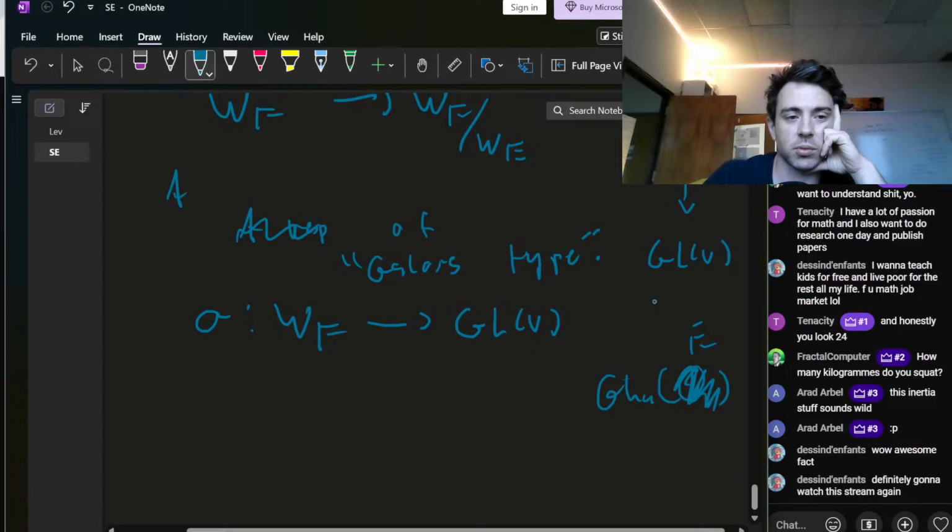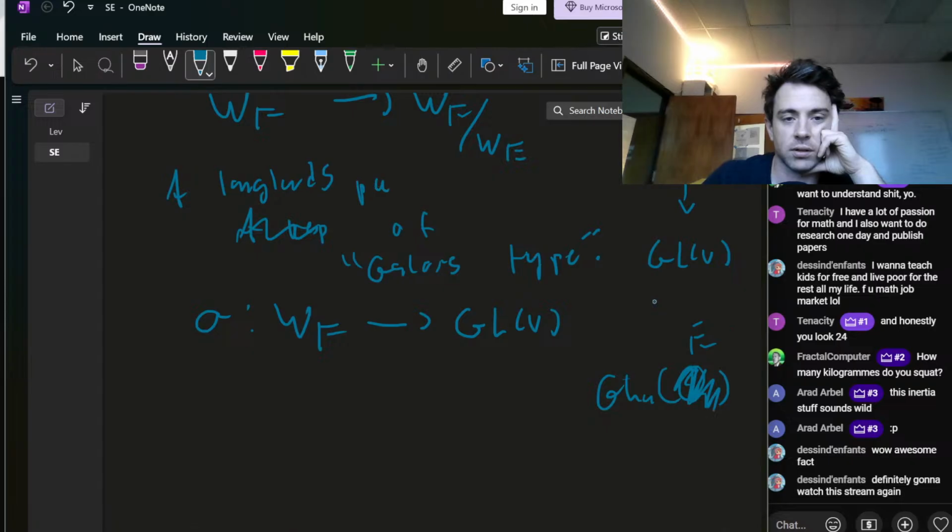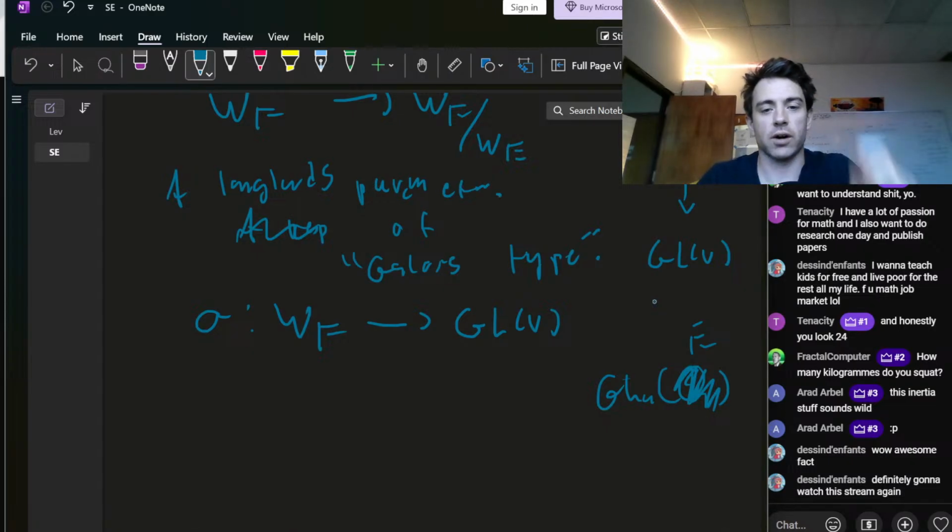It's a representation, but it's a Langlands parameter of Galois type.